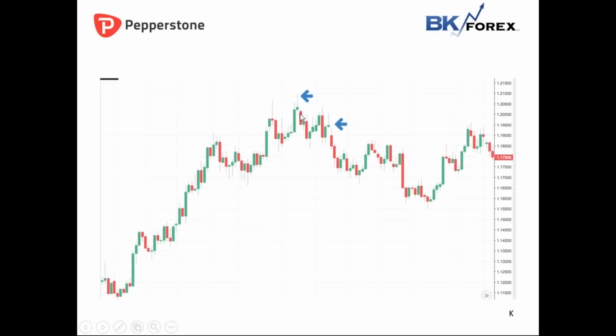So we actually have multiple examples here. What's really great about this is your stop is very clear, and it's usually very tight risk, just at the high or slightly above the high of the candle.